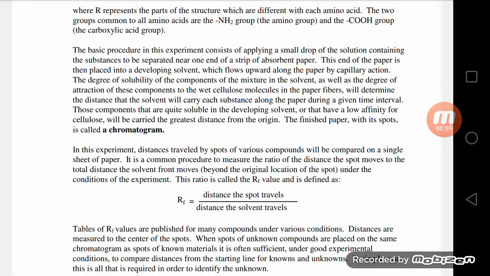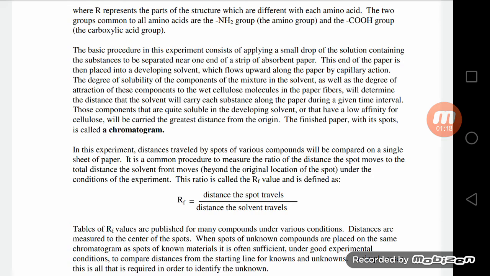The basic procedure in this experiment consists of applying a small drop of solution containing the substance to be separated near one end of the strip of adsorbent paper. This end of the paper is then placed into a development solvent which flows upward along the paper by capillary action.